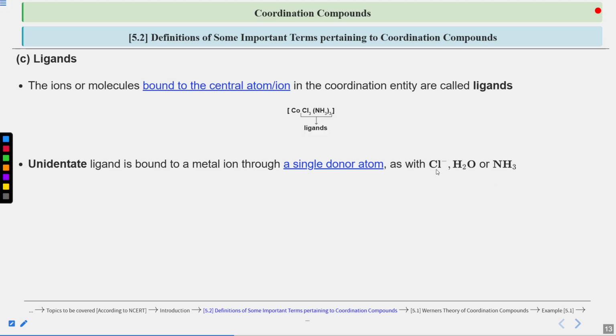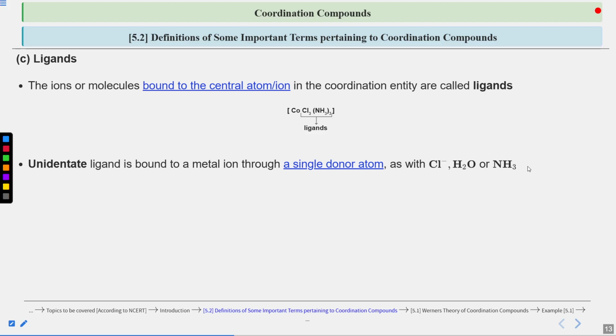In chloride negative, only chlorine is going to bond with the central atom. So only one single donor atom is present, which is going to form the bond with the central atom. Similarly, in water, H2O, oxygen is the single donor atom which is going to bond with the central atom or ion.